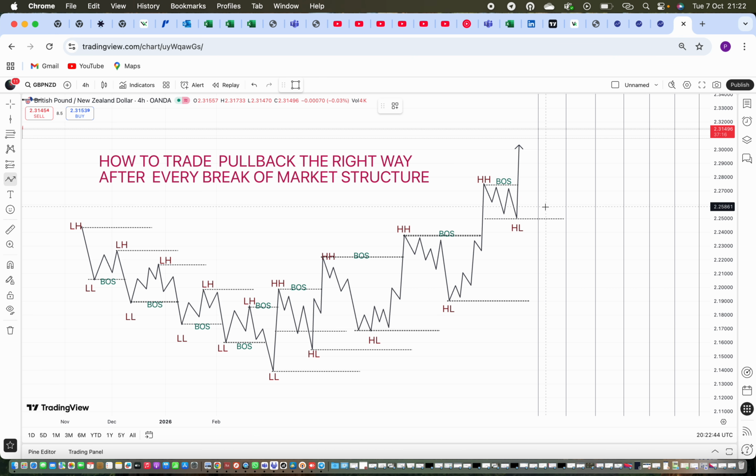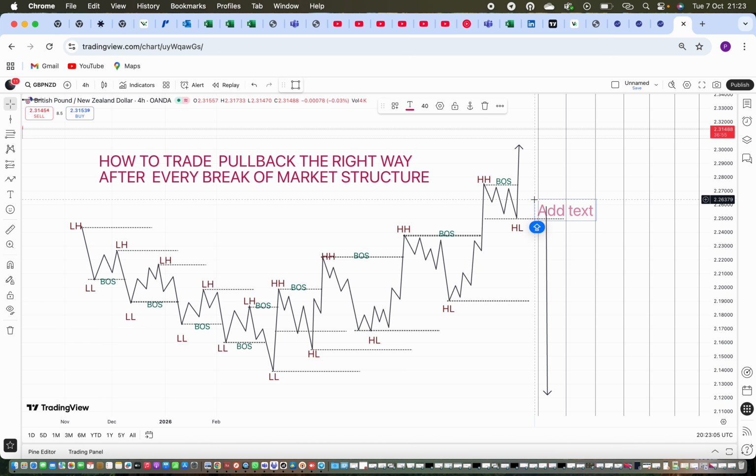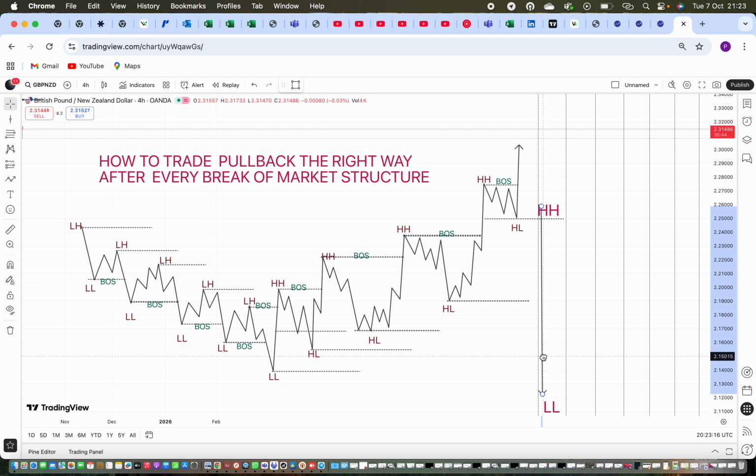So I'm going to be marking a line here, all right? And this line that I just marked, okay, represents our internal and external structure. So let me do that. That is our higher high and our lower low, all right, this very line here, okay?